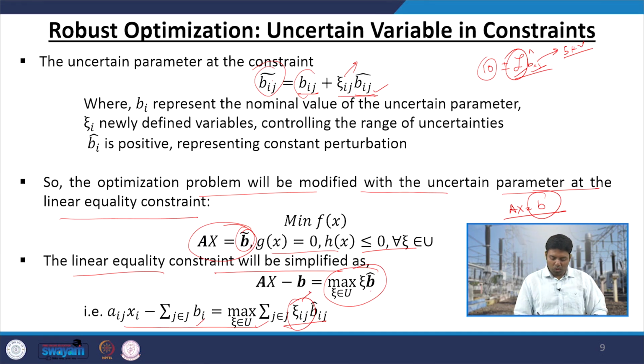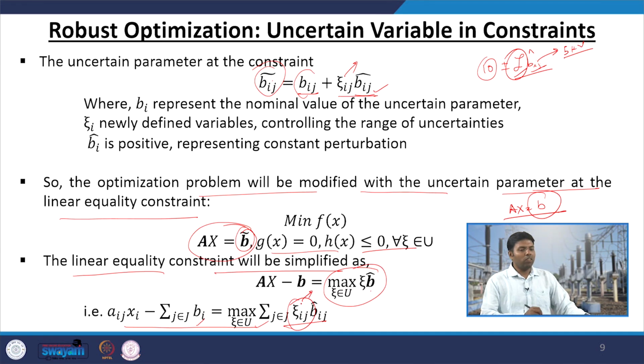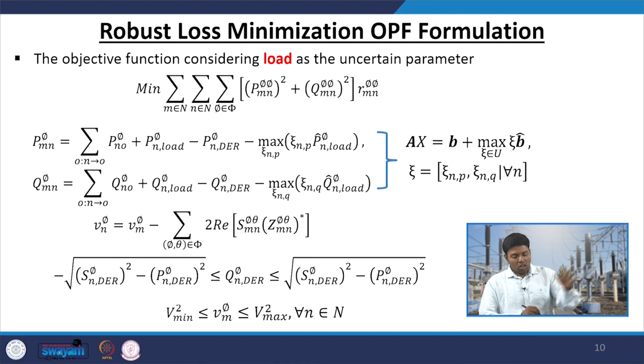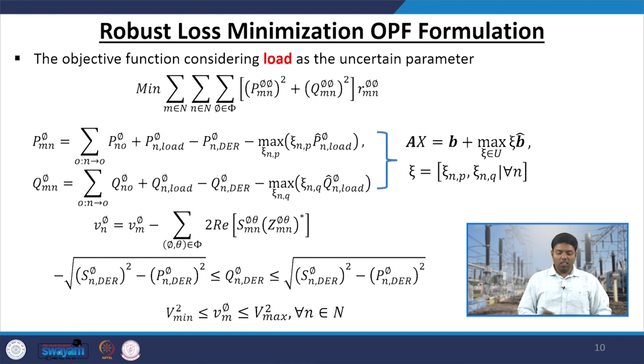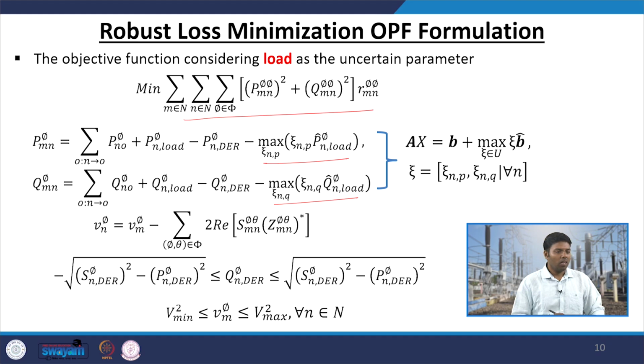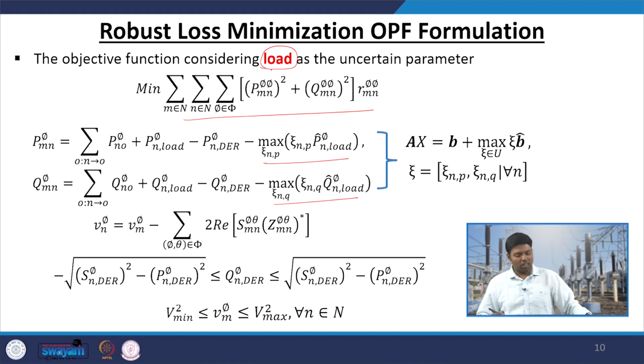Now, how you choose this zeta will determine which uncertain event or what level of uncertainty you consider. If you see the loss minimization algorithm, there is no change in the objective function, only the constraint changes, where you have your uncertain parameters. Here we consider the uncertainty only at the load for simplicity and easier understanding.